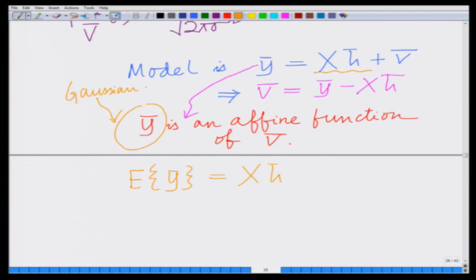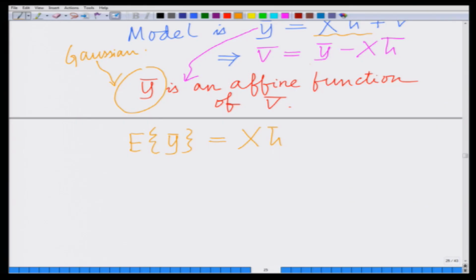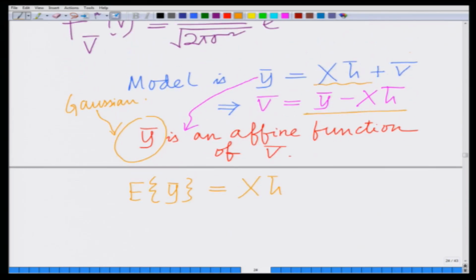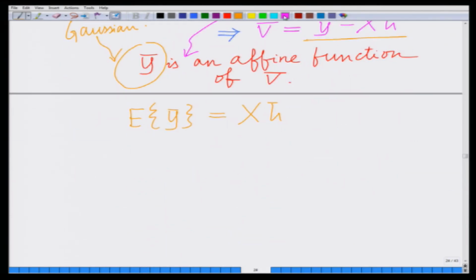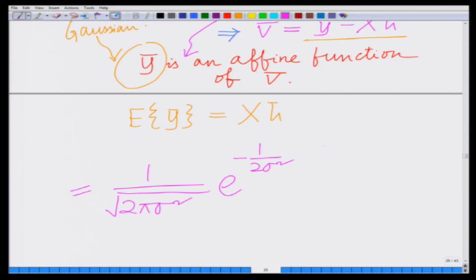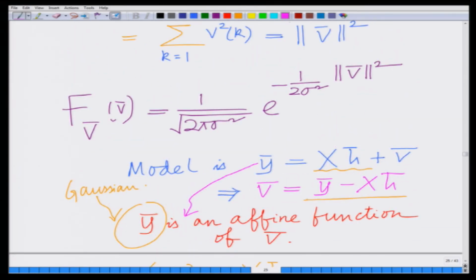Now, therefore, what you can see is, if I use this relation V bar equals Y bar minus x h bar and substitute this in the multidimensional probability density function, I can write the joint probability density function as 1 over 2 pi sigma square e raised to minus 1 over 2 sigma square, and look at this norm, this V bar, I can replace it by Y bar minus x h bar.